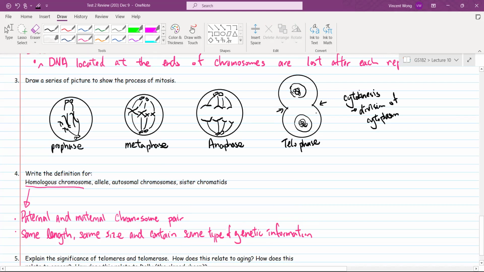Okay, so chromosome 1 and chromosome 1, they are both homologous to each other. 4 is homologous to 4. 6 is not homologous to 8, right? They have to be the same number, basically.